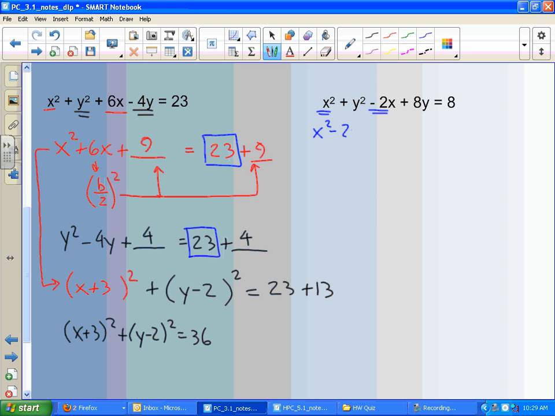X squared minus 2x plus 1. Y squared plus 8y plus 16. So I'm adding 17 on the right-hand side.